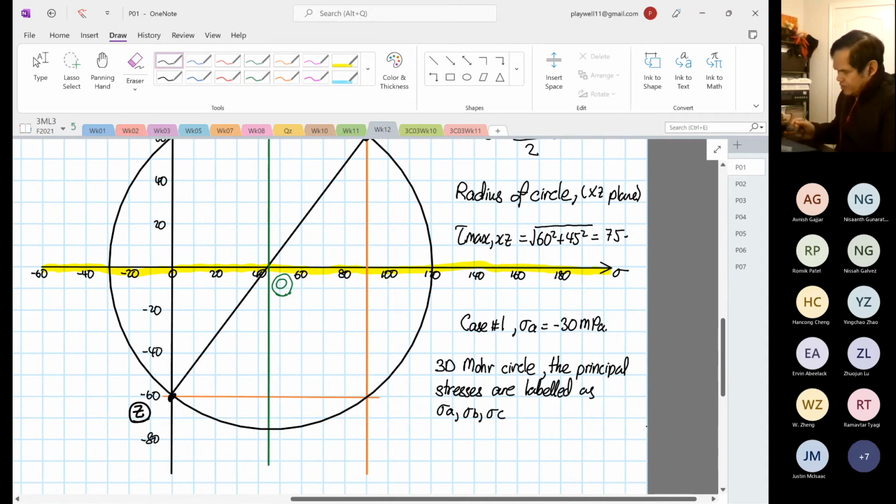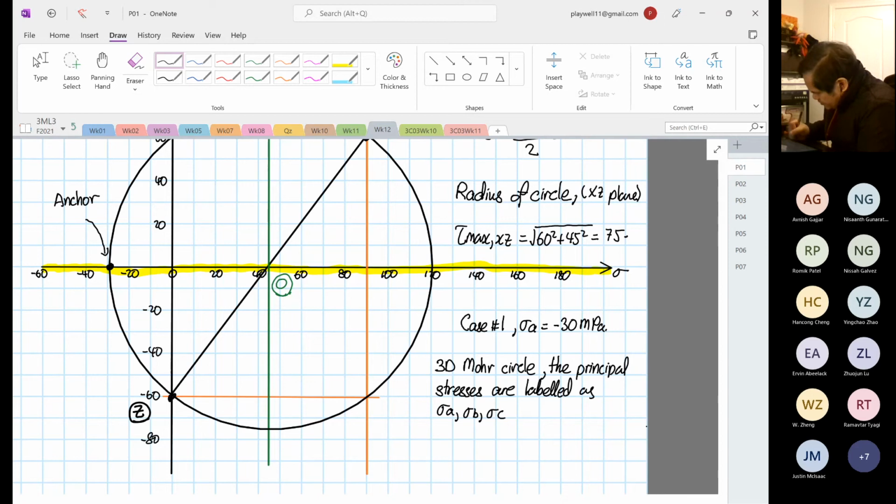So case number one, over here, this is going to be my minimum stress. Okay, so this is like our anchor. Our anchor. And then we know to meet the condition, right?